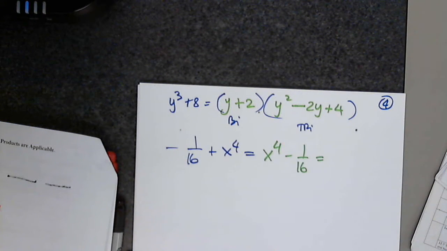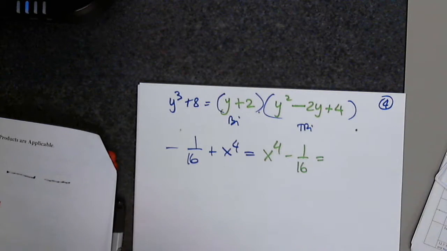Greatest common factor? No. Negative leading coefficient? No. Special product? The leading coefficient is the coefficient of the highest degree. What is the degree of this polynomial? 4. So the leading coefficient is 1. And it's not negative. Perfect.